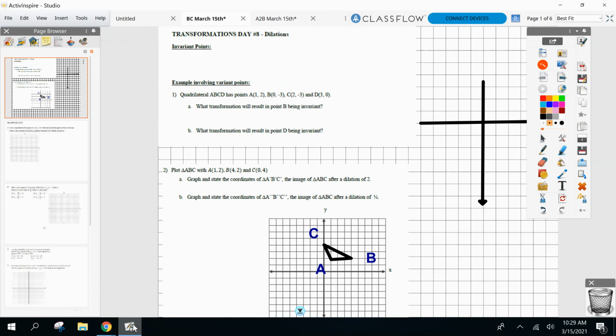All right, before I get into dilations, first thing I want to talk about, new vocabulary term up there: invariant points. Those are points that do not change after a transformation.